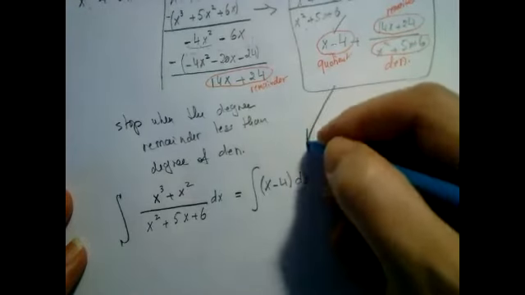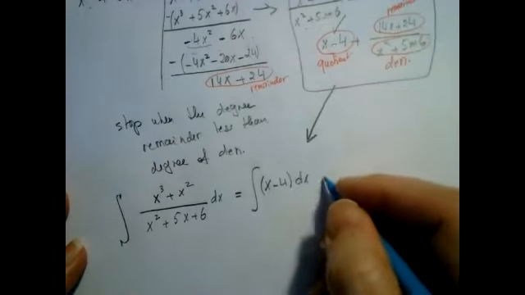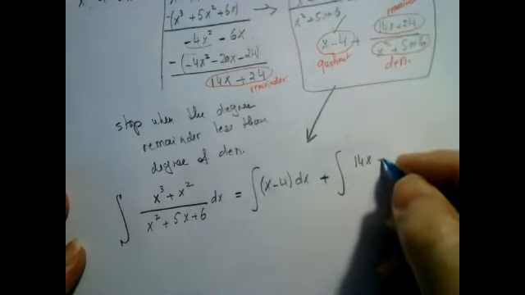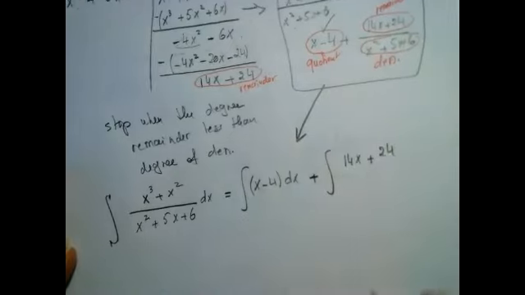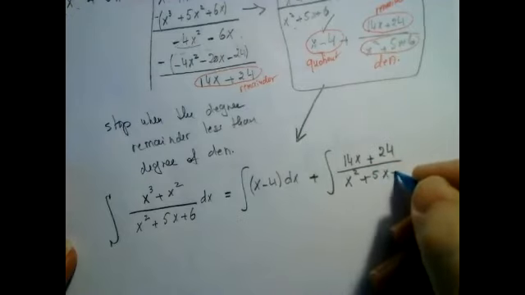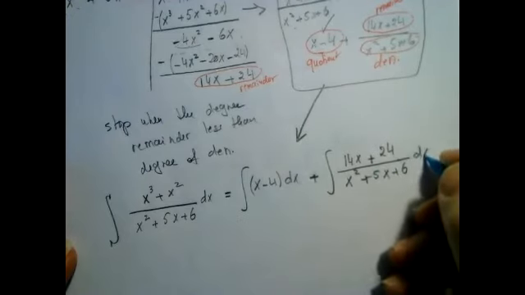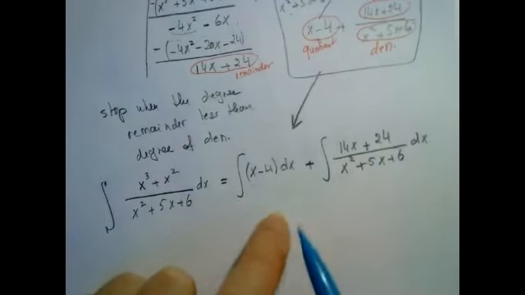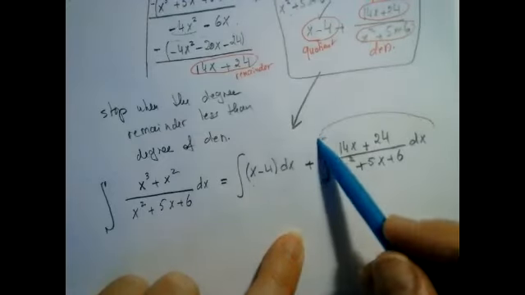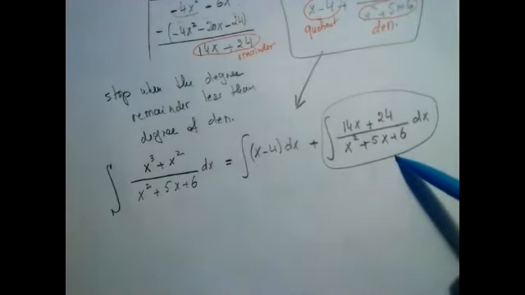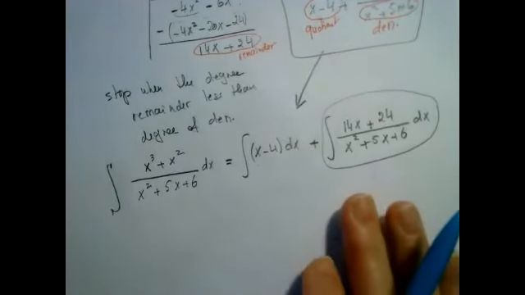That's the crucial part, plus the integral of 14x plus 24 divided by x squared plus 5x plus 6 dx. Now, this first part is nothing, it's a half x squared minus 4x. This piece is going to require a little bit of work, but we know how to do that. So we're going to isolate this one, evaluate it, and then put the whole picture together.